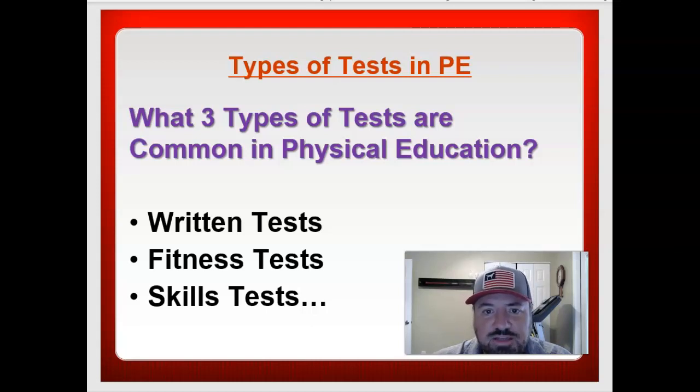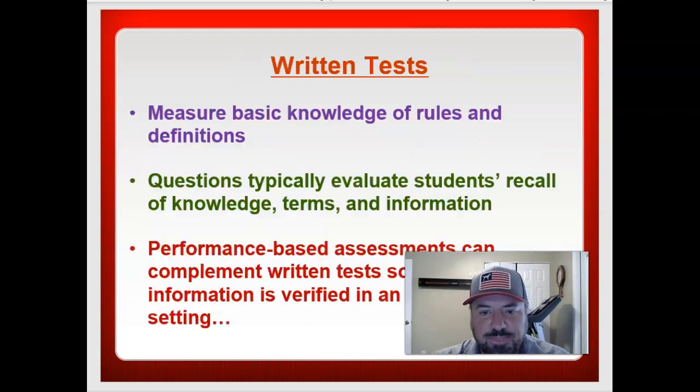These may be one-shots or they may be done multiple times to see about improvement, but they are tests that might test your heart rate or your flexibility or fitness levels in different areas such as muscular strength. And then the last one here is skills test. That is where you're assessing somebody's ability to do something. You're observing them do an activity and then using some kind of assessment practice, such as a rubric or a checklist, to determine their level of abilities within that skill.